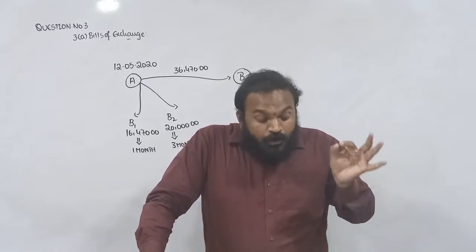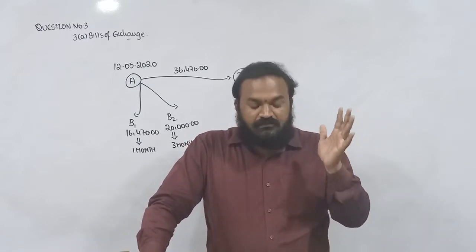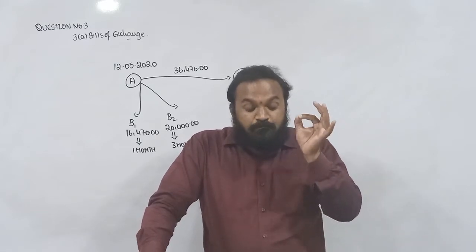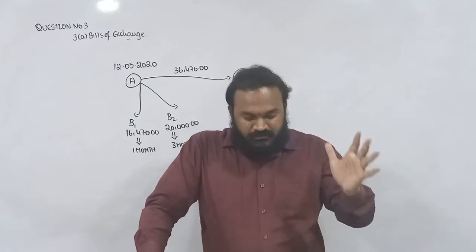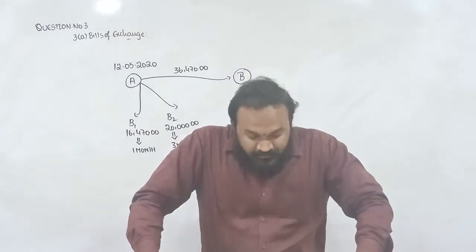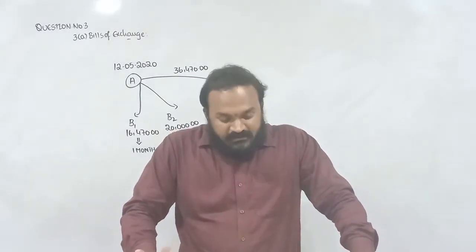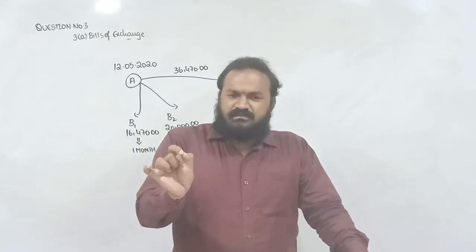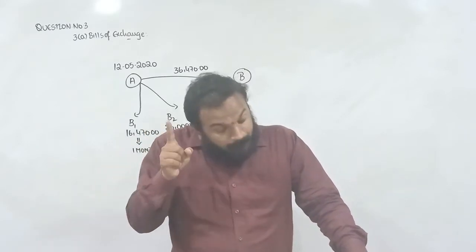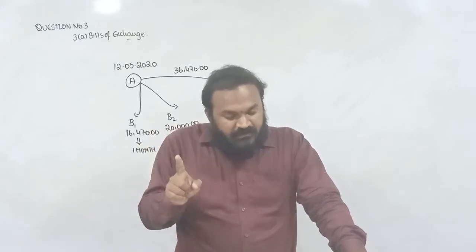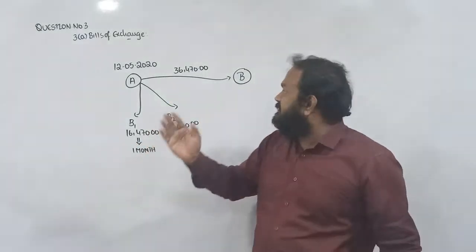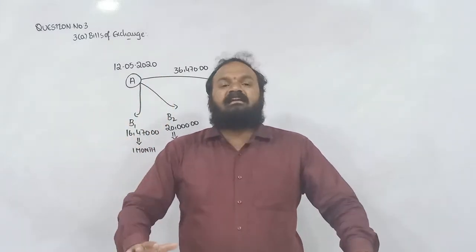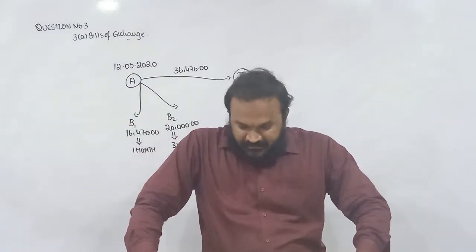On 5th June 2020, remember, A sent both the bills to his banker for collection on the due dates. Right? The first bill was duly met. But due to some temporary financial difficulties, B fails to honor the second bill on the due date.